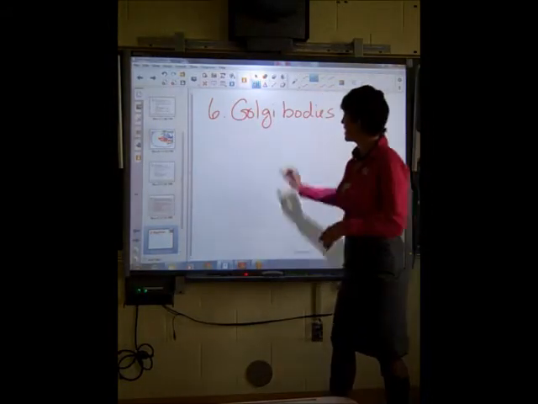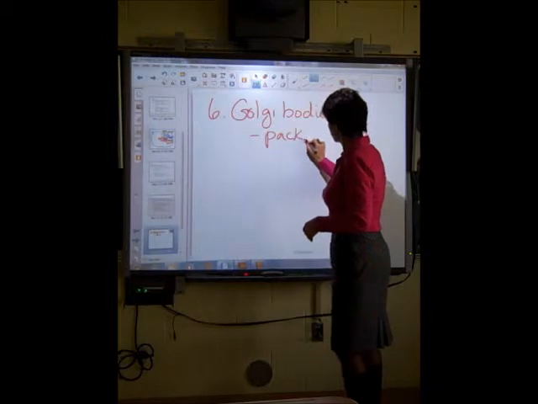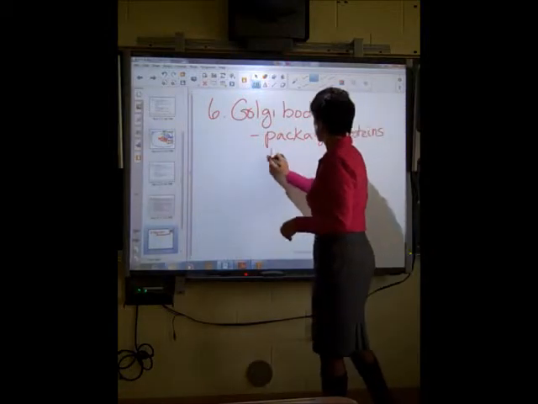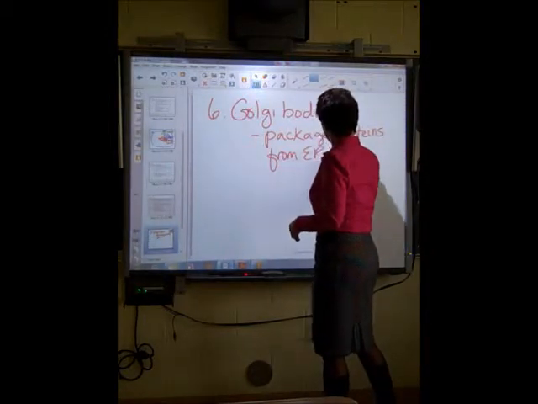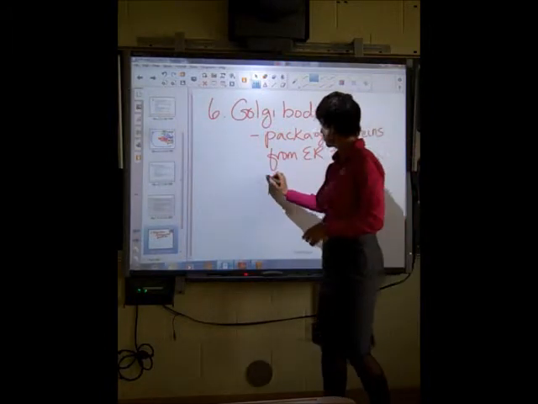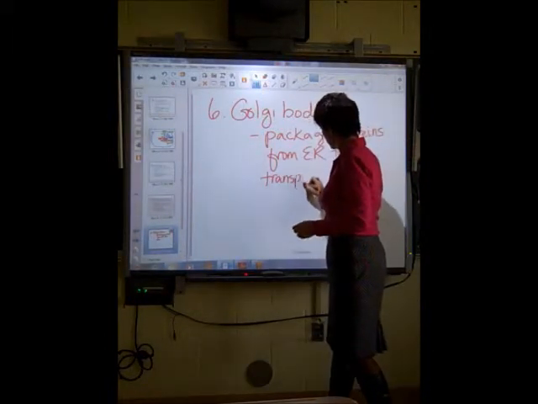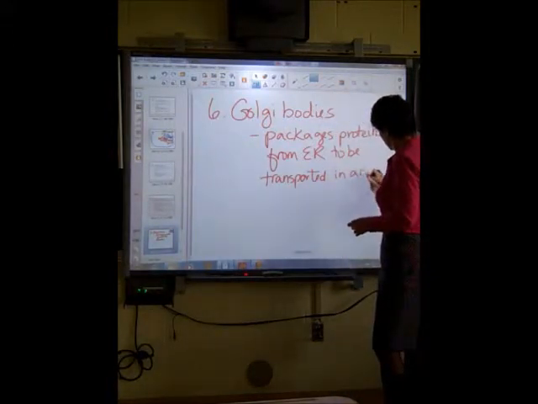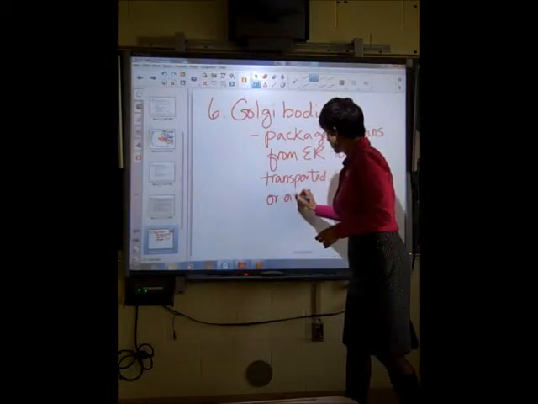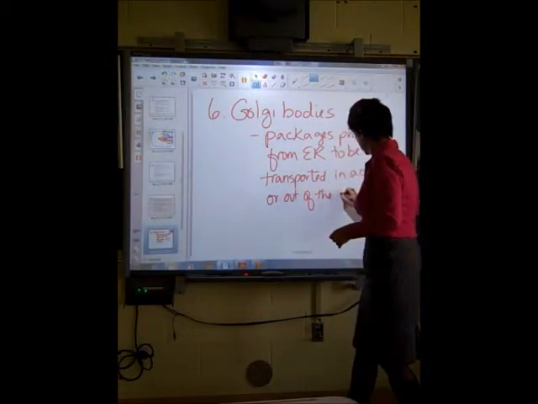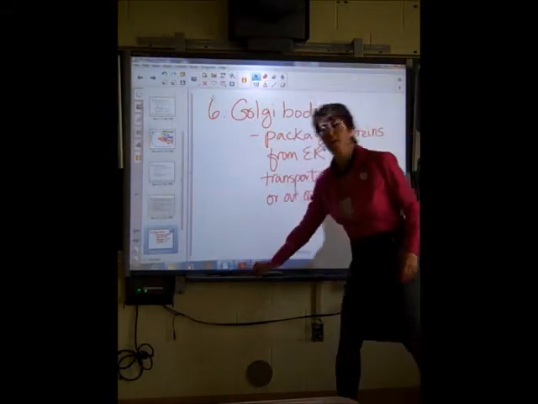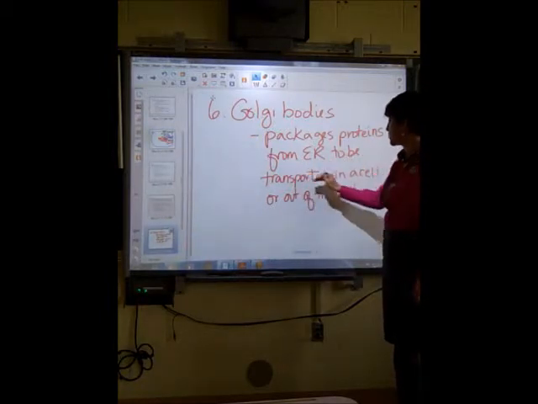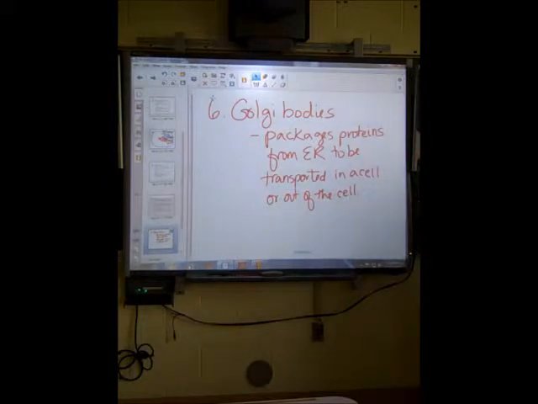The job of a Golgi body is that it packages proteins from the ER, the endoplasmic reticulum, to be transported in the cell or to actually leave the cell.